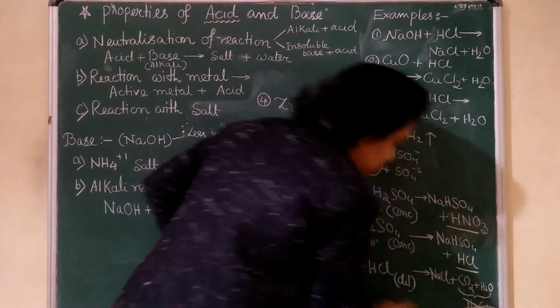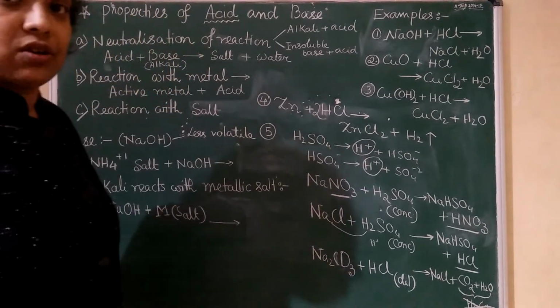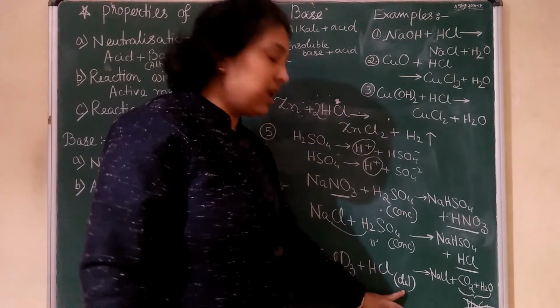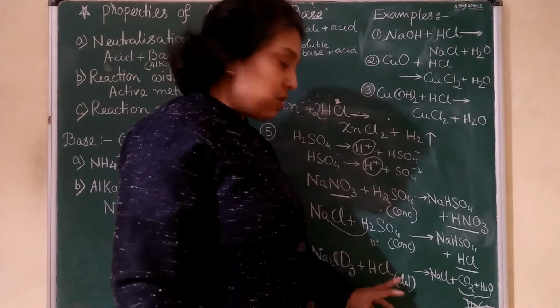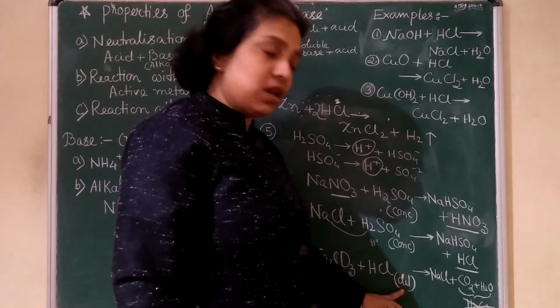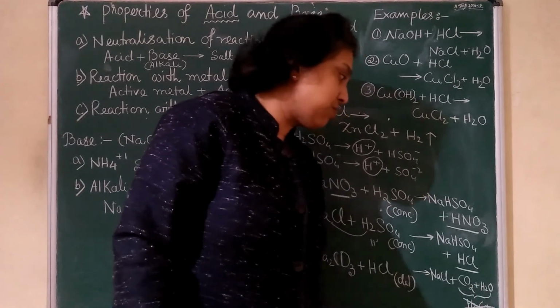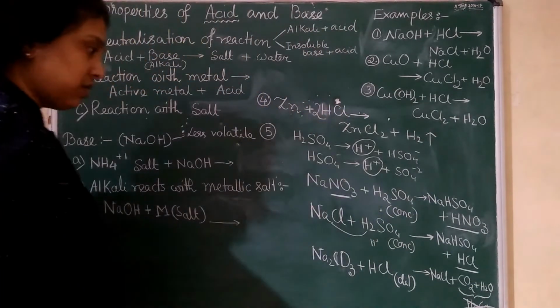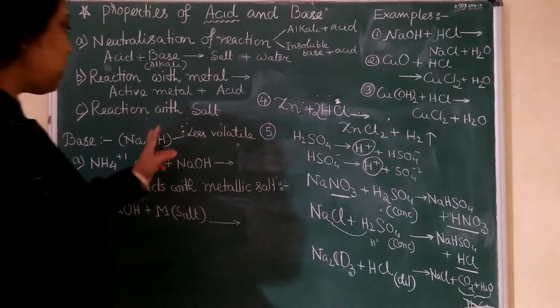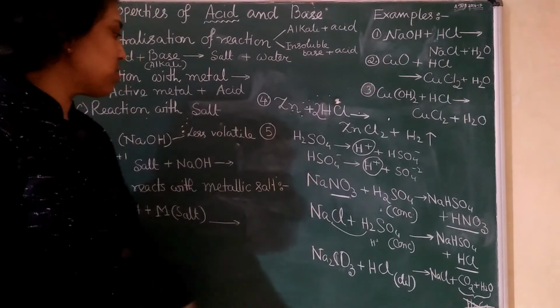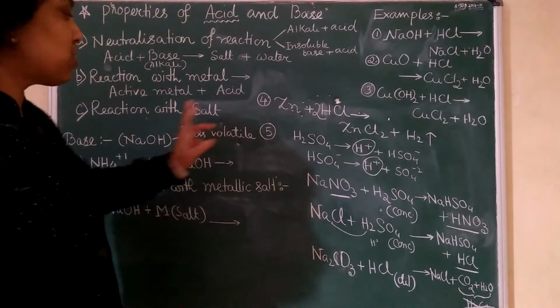It will not form because the concentration is dilute. Very low concentration, dilute solution. So HCl, when it is dilute, that time it will break down and give you H2O plus CO2. I hope you have understood this one. This reaction with salt is very important.